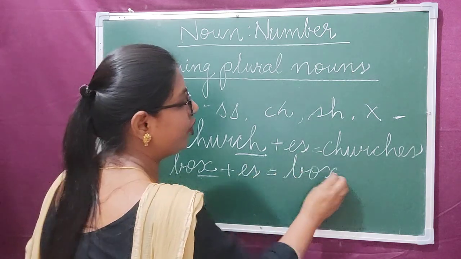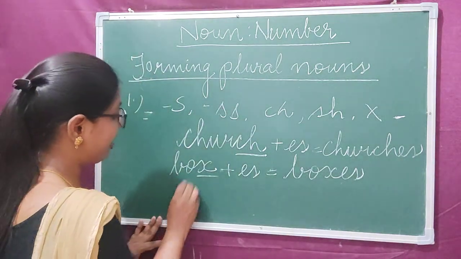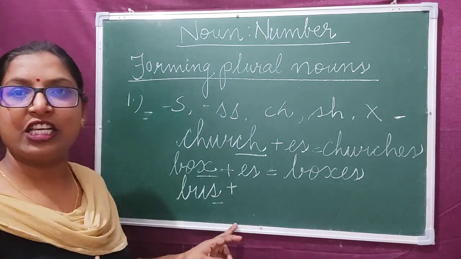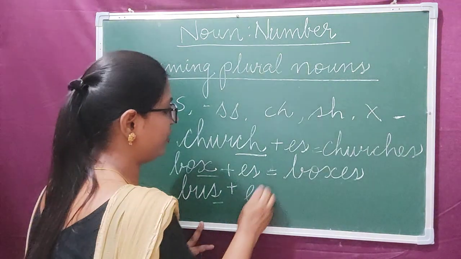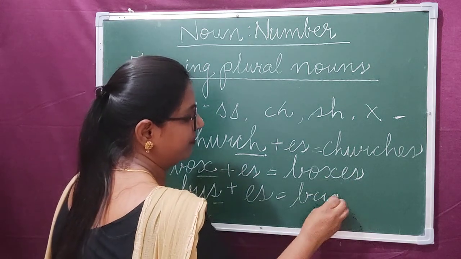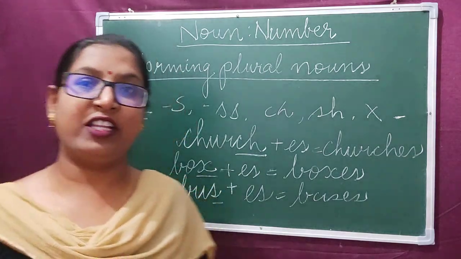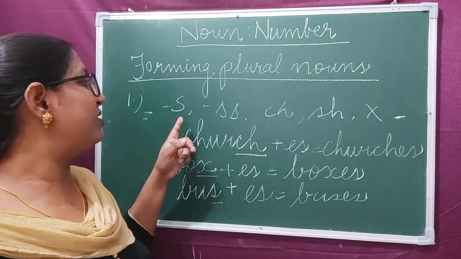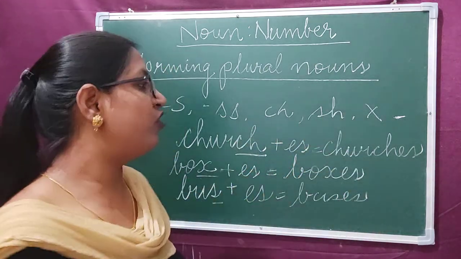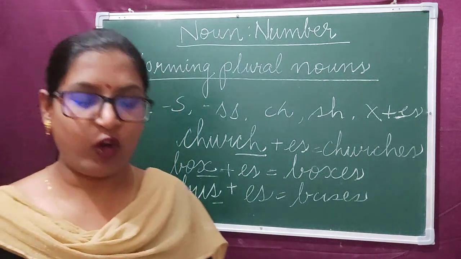We get the plural form boxes. Clear? For example, bus. It is ending with s. So we add es with it and the plural form we get is buses. Clear? So when the nouns are ending with s, ss, ch, sh or x, we add es with them to make their plural forms.